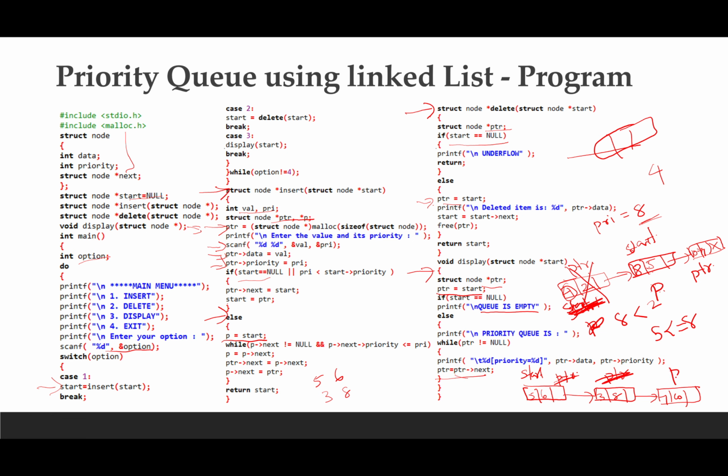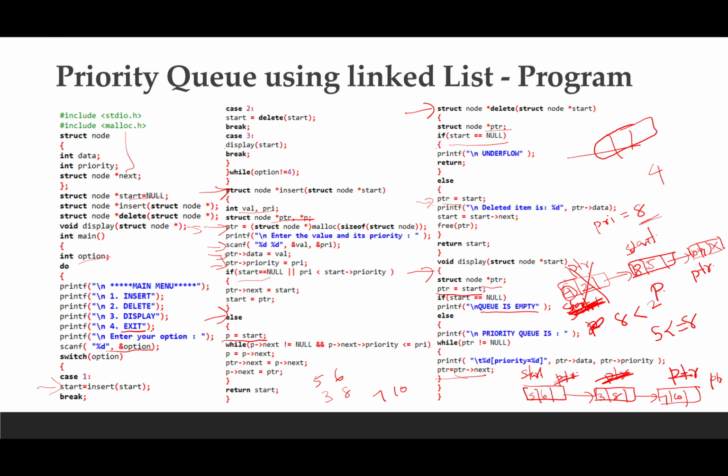Again we check the condition ptr is not equal to null. Yes, so it will print the values 7 and 10. Again we make the next node the ptr node, there is no node, the condition is false, so it will come out of the loop.